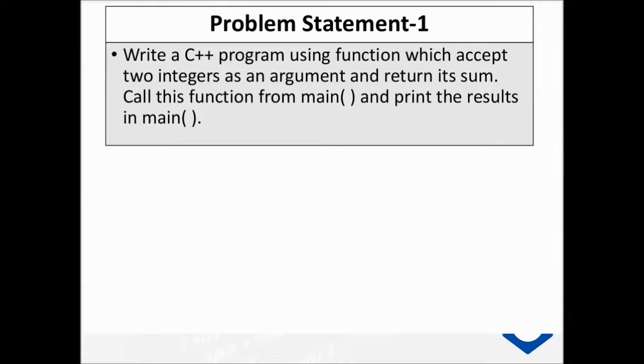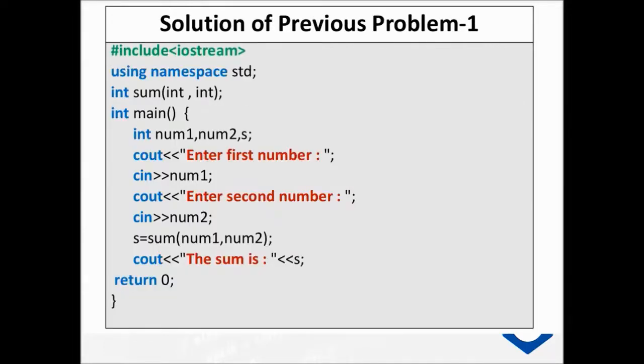For our problem, first of all, we want to add two variables, so we declare a function. We name it sum, int sum, and as it uses two variables, we declare two parameters here, int comma int. Then we start our main program. In our main program, we use two variables, number1 and number2, and we use another variable s to store their sum.